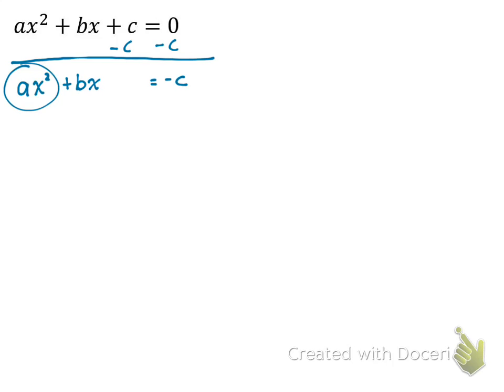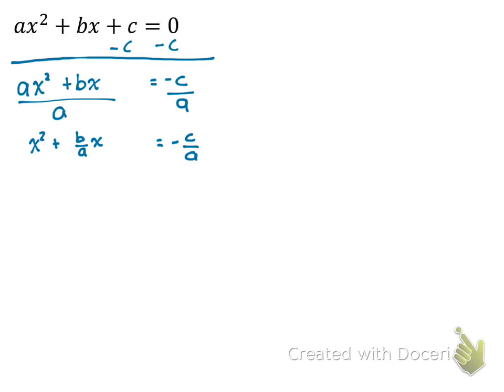What's the number in front of the x squared? Is it a 1? No, it's a. So we want it to be a 1, so we have to divide everything by a, both the left and right side. So we're going to get x squared plus b over a x is equal to negative c divided by a. Okay?